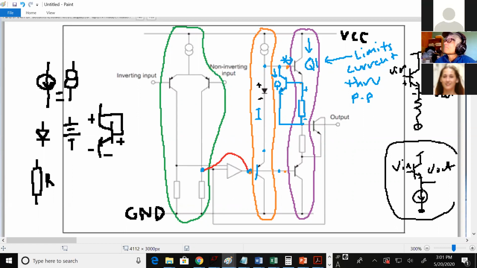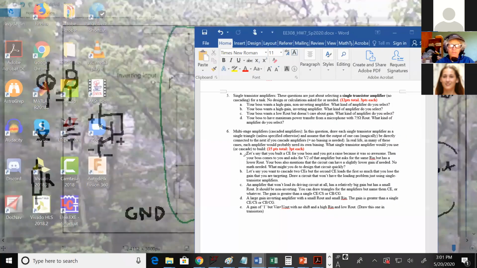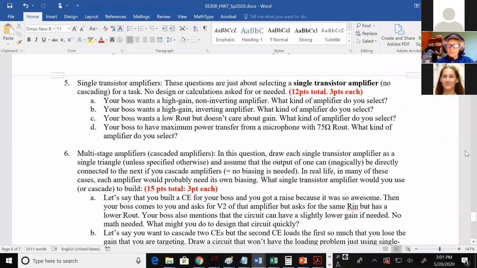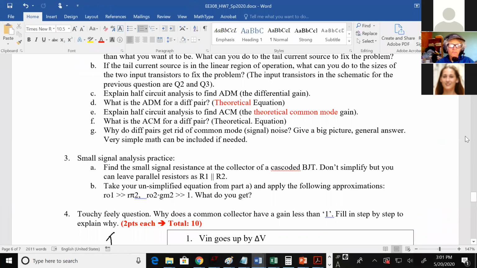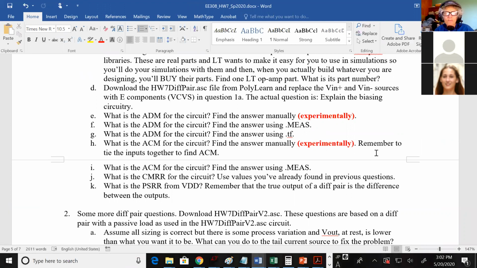Professor? I had a quick question on the homework. Part K of number 2, when it asks to calculate the PSRR. Last time we looked at PSRR, we looked at the resistances, like when we switched the VN to the emitter, right?